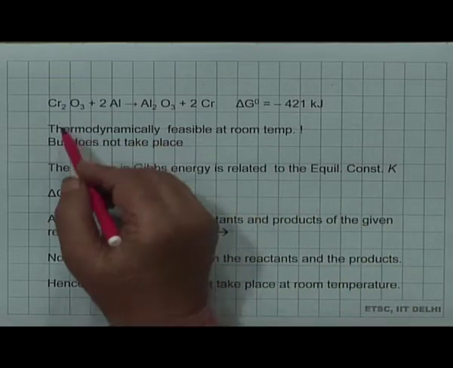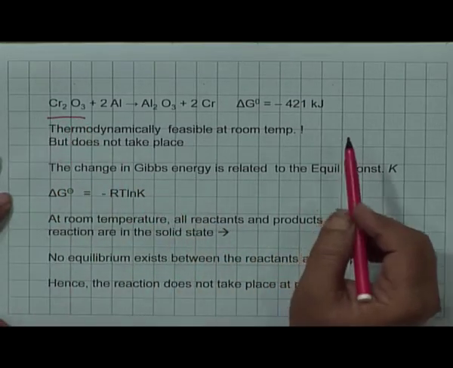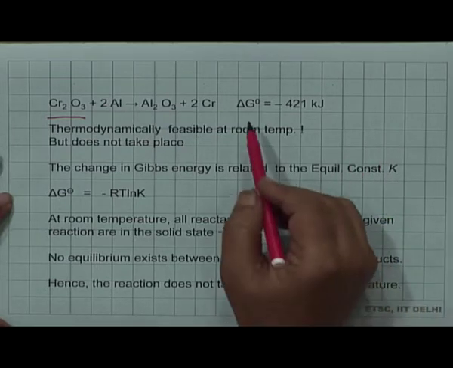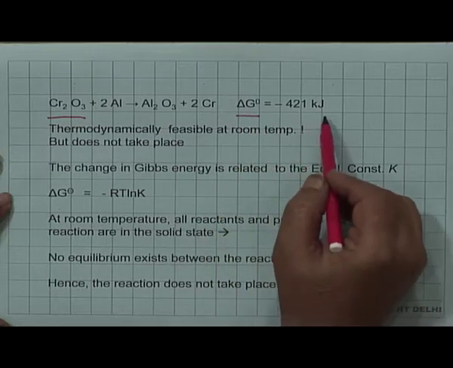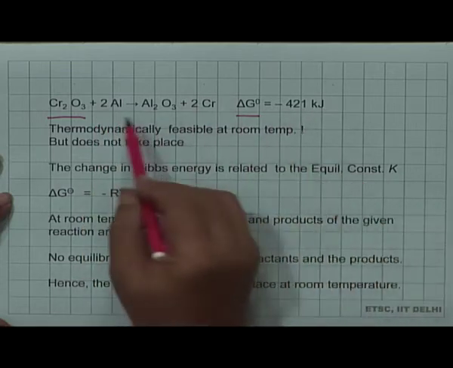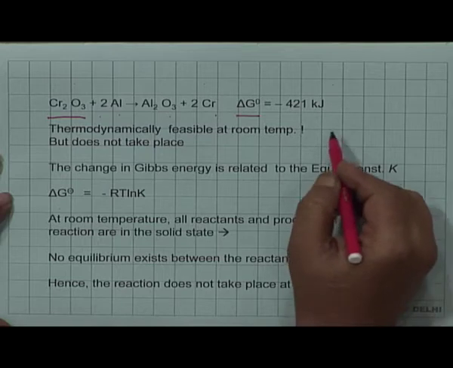Take for example, chromium oxide Cr2O3. If you look at the Ellingham diagram, if you look at the thermodynamic parameter delta G0, it is negative. It is negative for what? Its reaction with aluminum.